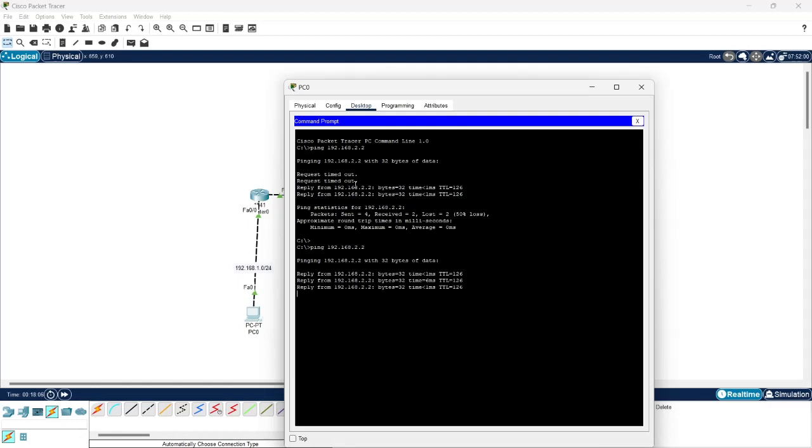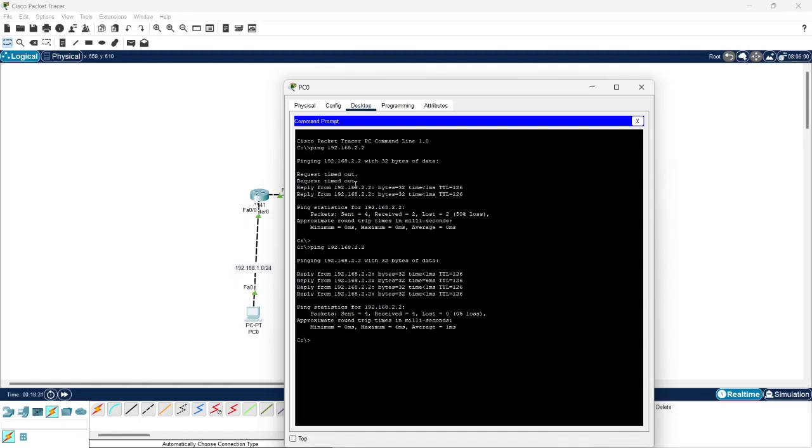Okay, so why the first is request timed out is because the first PC didn't know about the network of 2.1 at the first attempt, which was just a test.